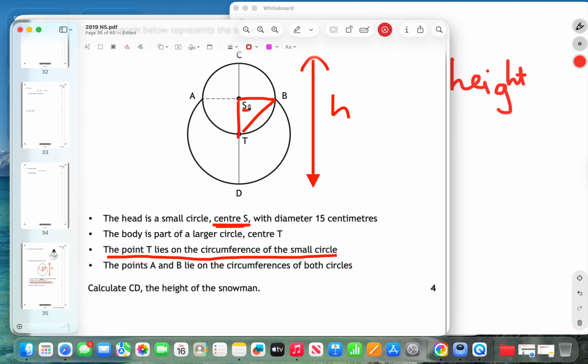Well, this has to be a right angle because ST and SB are perpendicular, and B is on the circumference of the big circle. So if T is the centre of the big circle and B is on the circumference, then TB must be a radius. So we know that TB is the radius.